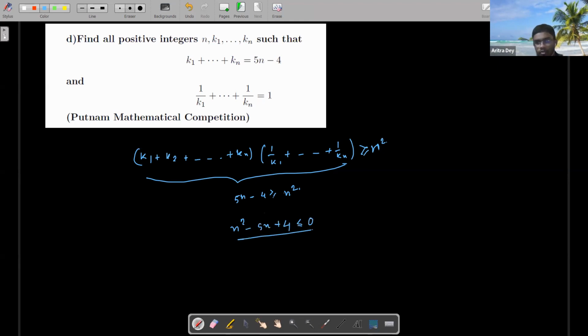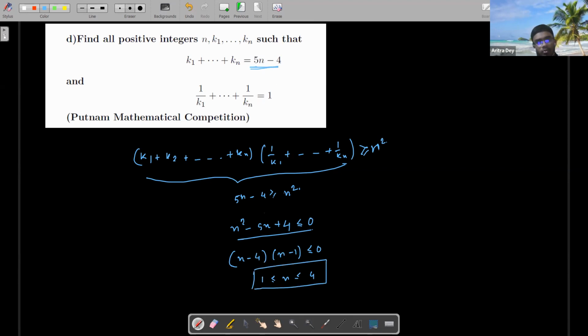Now if you solve this, you find one particular interval, yes, exactly, the wavy curve method. It can be factorized as n minus 4 into n minus 1, which is lesser than or equal to 0. So you find that n lies between 1 and 4.